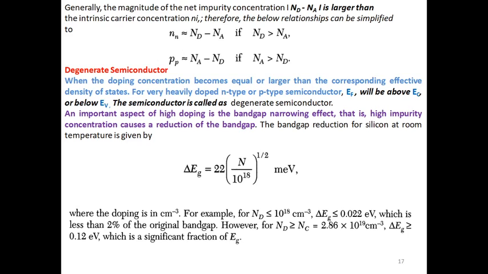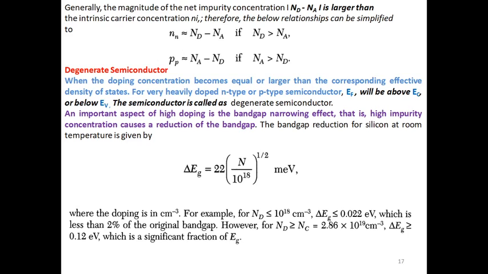The higher the doping, the greater the narrowing of the band gap, a decrease of the band gap moving towards a conductor. The high impurity concentration causes the reduction in band gap, which is shown in this equation.